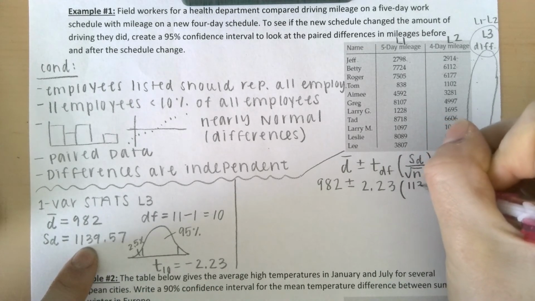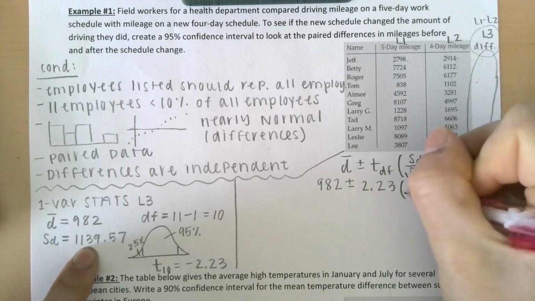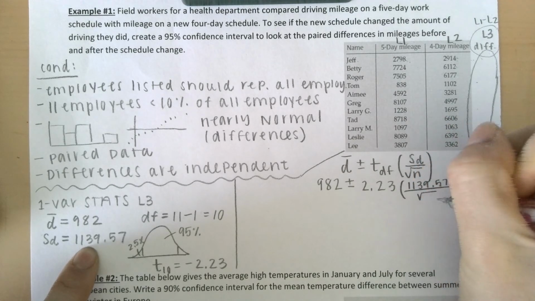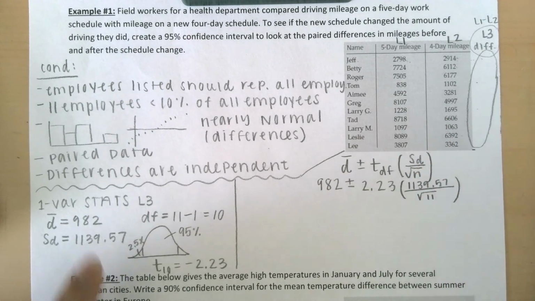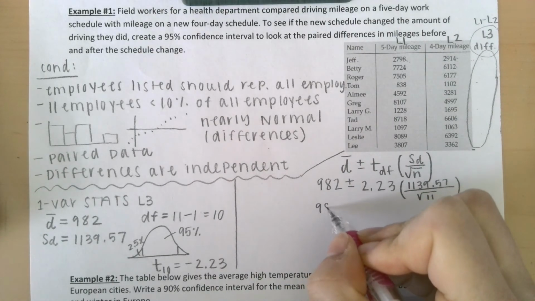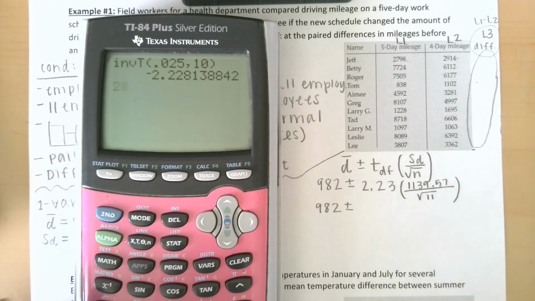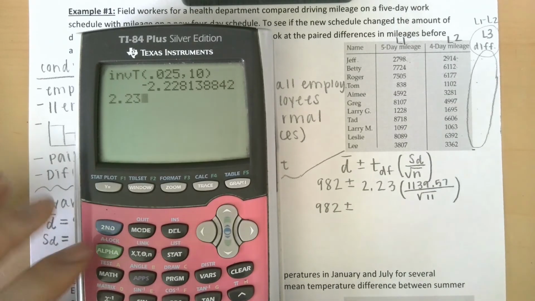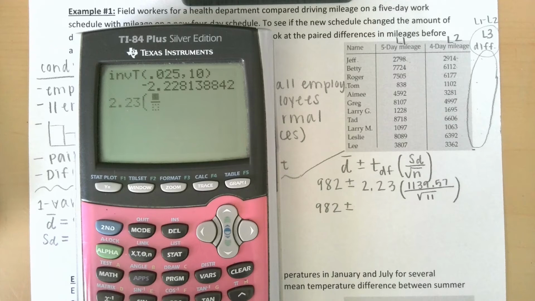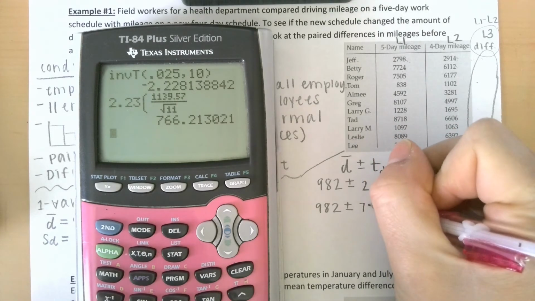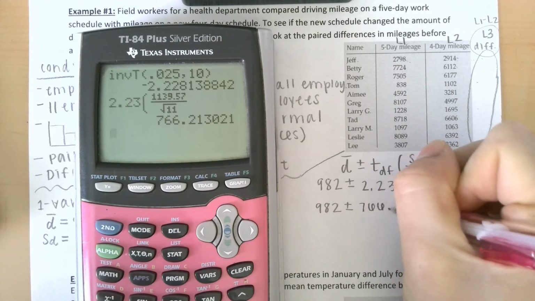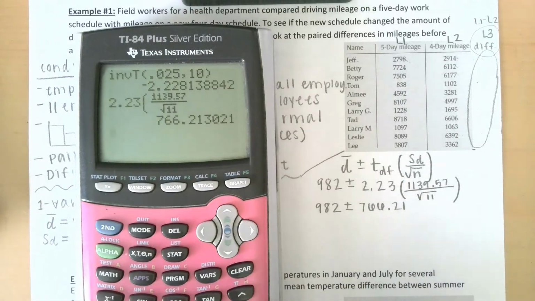My standard deviation over the square root of 11, since we had 11 people. Okay, I got a margin of error of 766.21, so I'm going to add and subtract that.